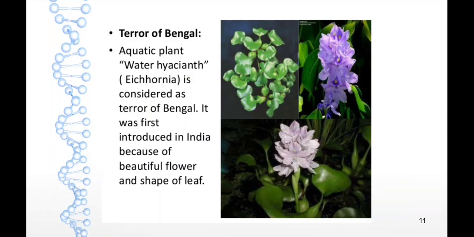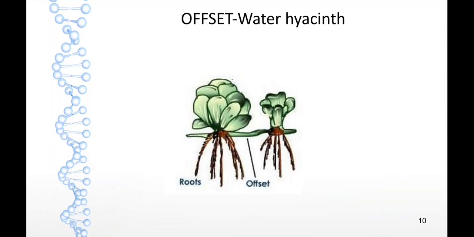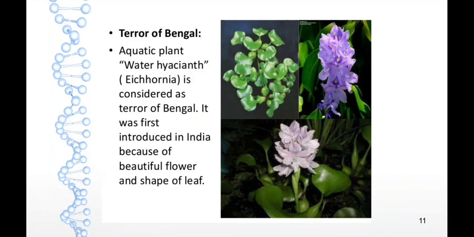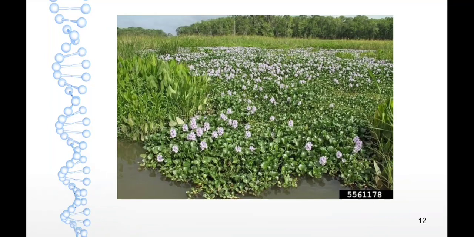or we can say it is a tragedy, because due to the presence of offset that helps in vegetative propagation and due to the absence of its natural enemies, this water hyacinth covers all of the major water bodies of India within years.